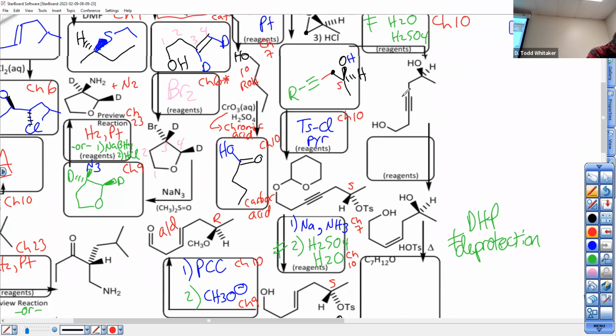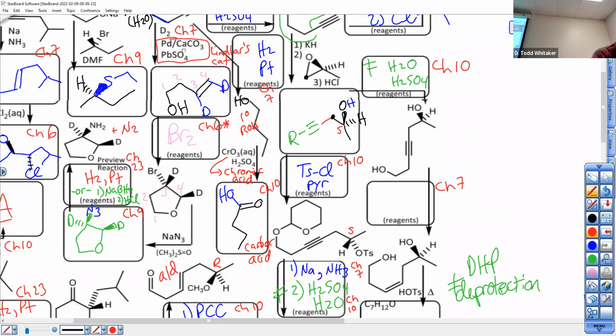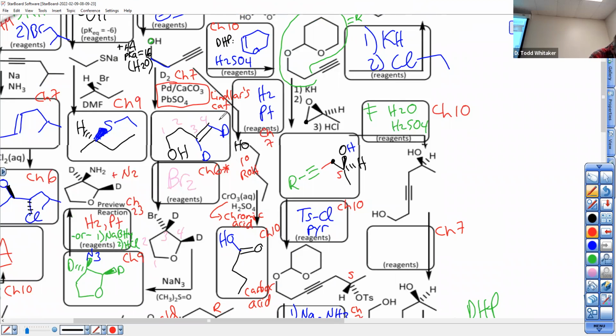How do you make an internal alkyne into a cis alkene? We learned how to do that in chapter 7. It's already on the screen somewhere. Where's the Lindlar? There. Chapter 7. It's going to get a new symbol. How about a double star? And we'll put H2, comma, double star.